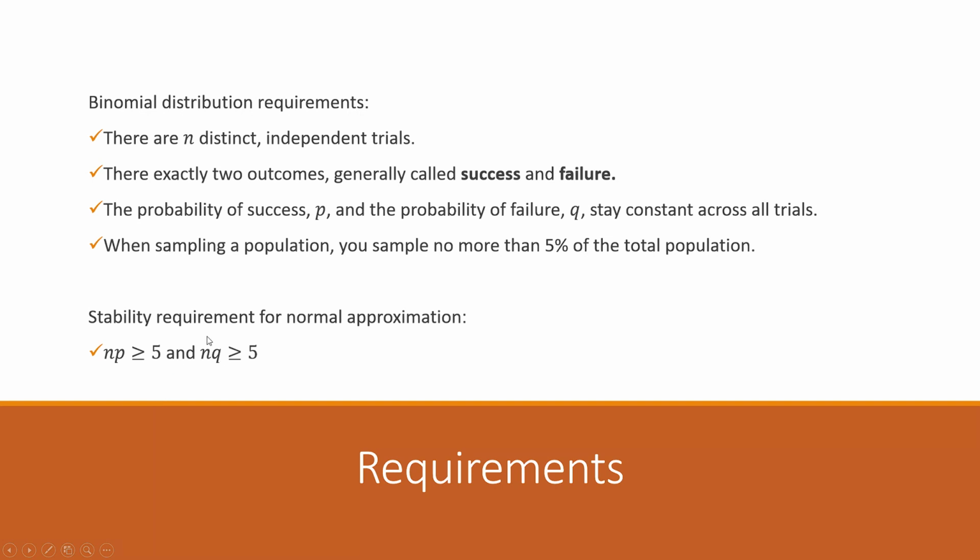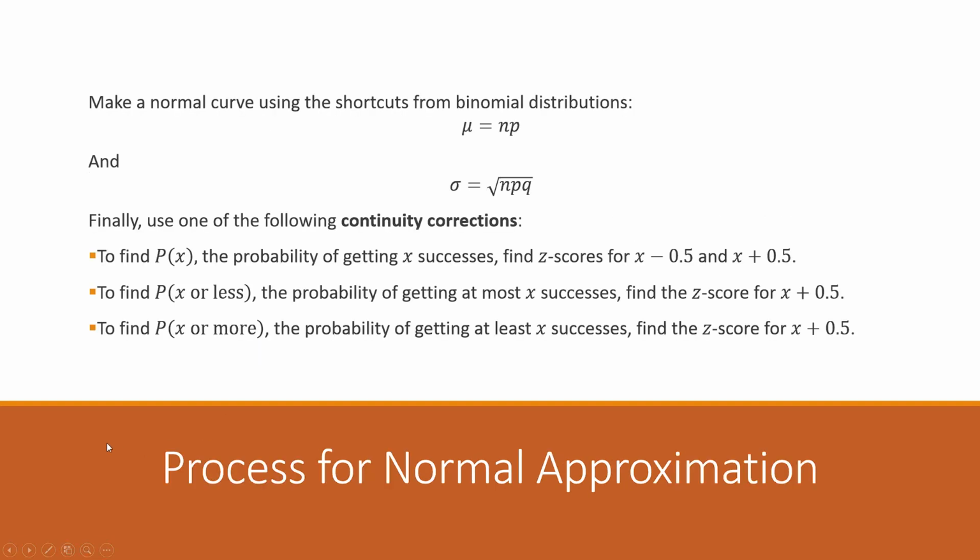Same for sample size times failure rate. Need at least 5 there. So you want to have a sufficiently large sample size. Otherwise, you're going to have wildly inaccurate models here. That's just something to hold on to. We'll see it come up a couple of times in these next few videos.